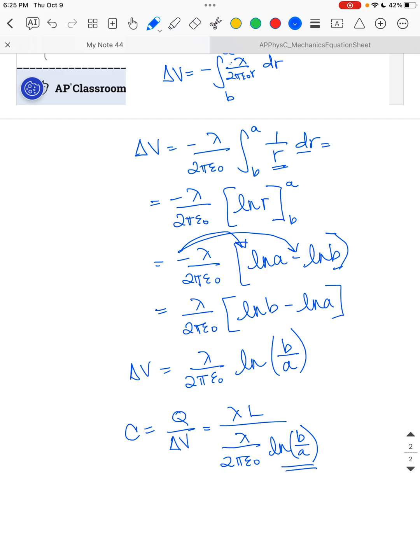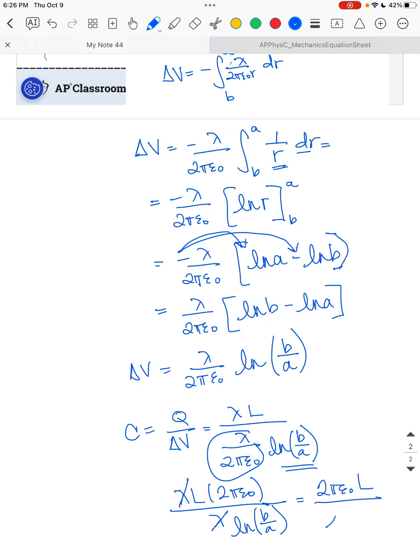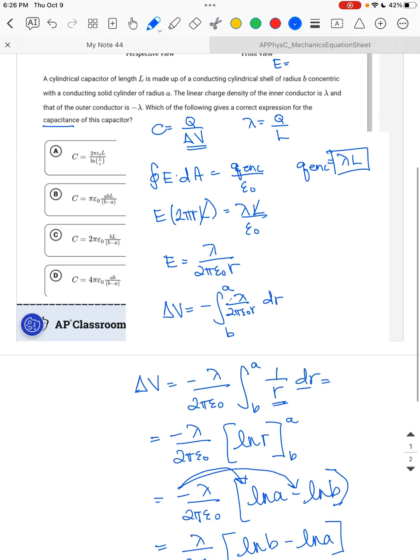So ln B over A is a value, so I can't multiply that by the reciprocal to get it in the numerator, but I can multiply the rest by the reciprocal and get lambda L times 2 pi epsilon naught over lambda ln B divided by A. My lambdas cancel out, and we should have this expression somewhere in our answer, 2 pi epsilon naught L over ln B over A, and that is right here.